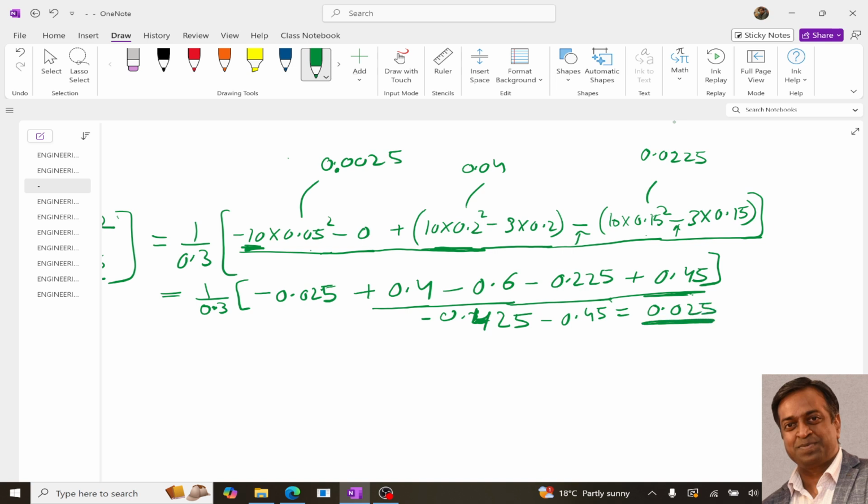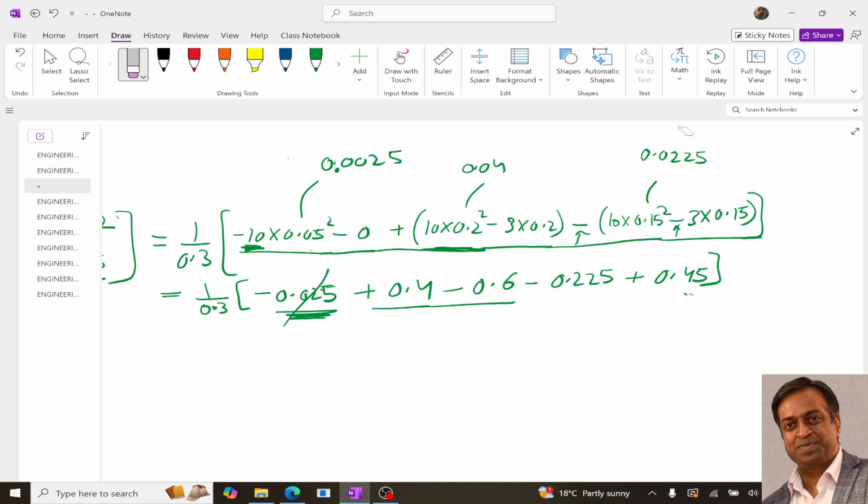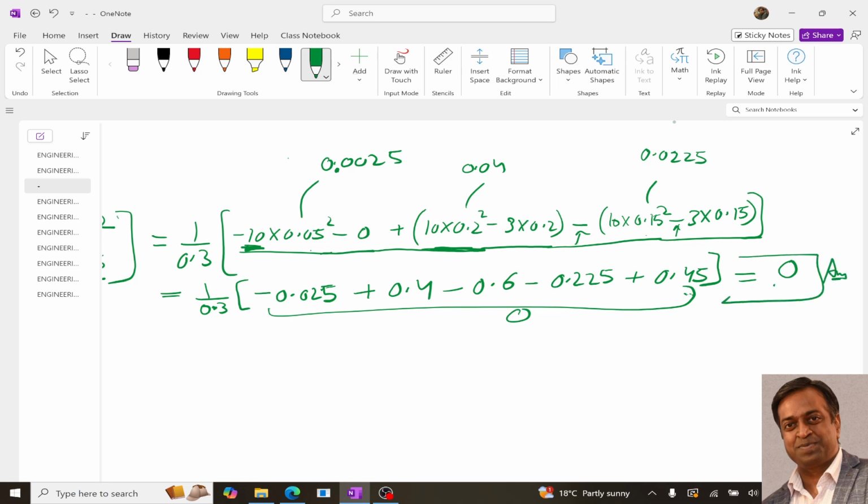Now this 0.025 and this 0.025 will cancel out, so this complete thing will be 0. If you just calculate all this, then all this will become 0, and hence our average value is 0. So this is our answer, average value.